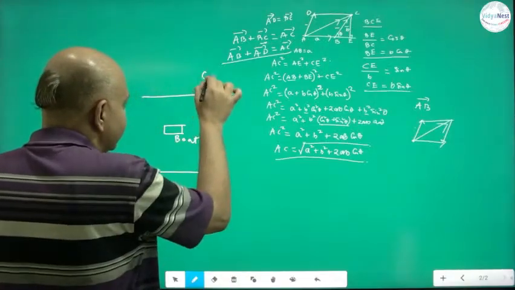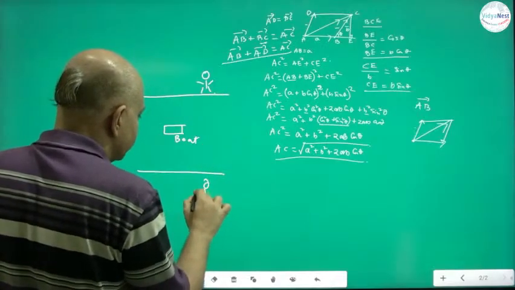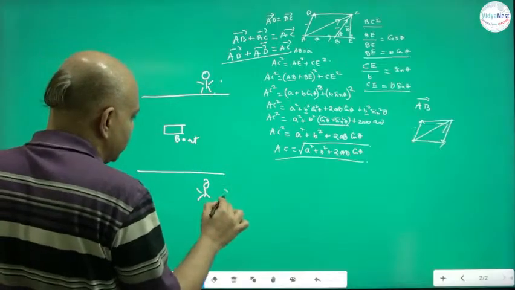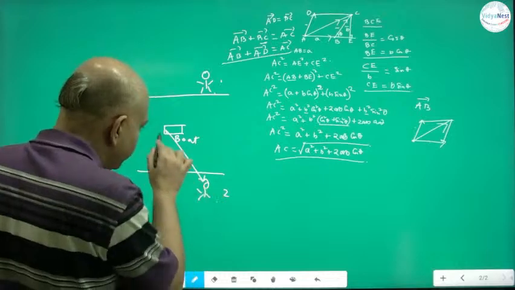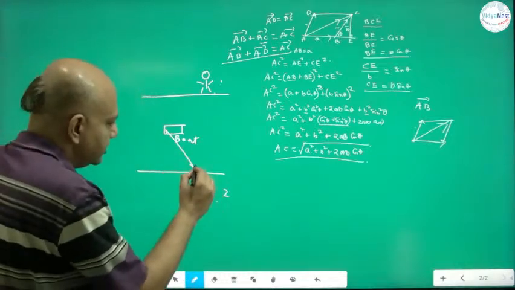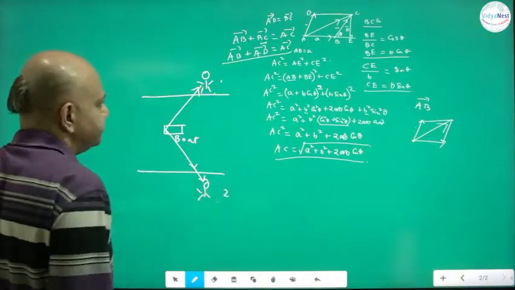A person on the shore is standing this way, another person is standing this way. This is person 1, person 2. Person 2 is pulling the boat with a string in this direction, and person 1 is pulling the boat in this direction.